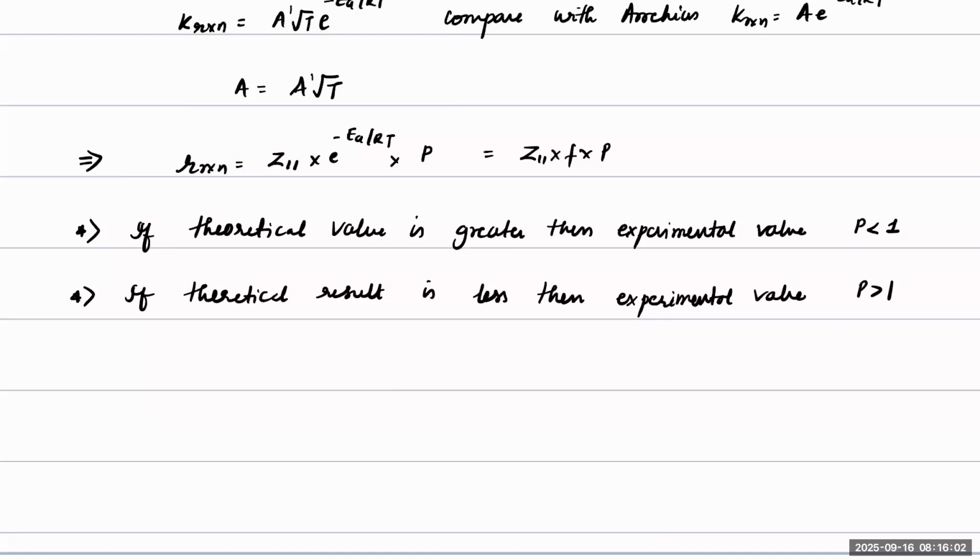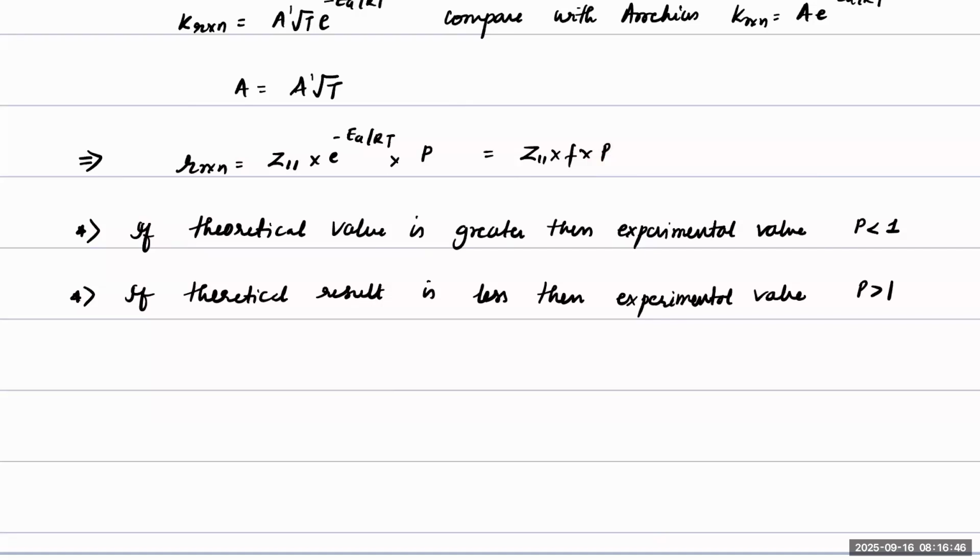If theoretical value is greater than the experimental value, if the rate constant you found out using this formula theoretically is greater than that of the experimental value, it must be the case when p is actually less than 1.